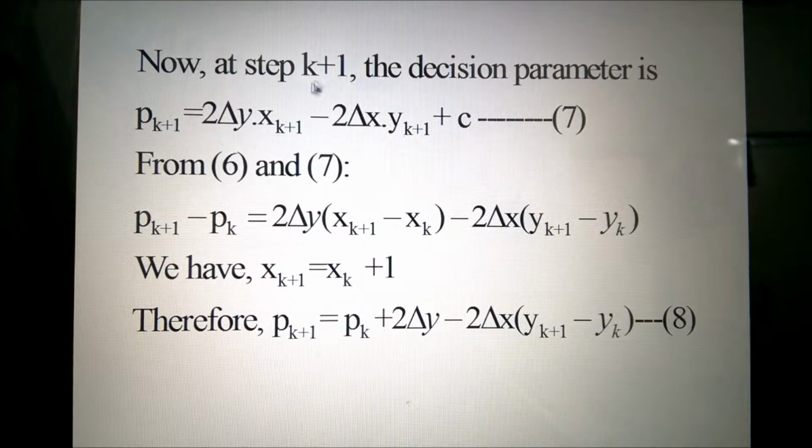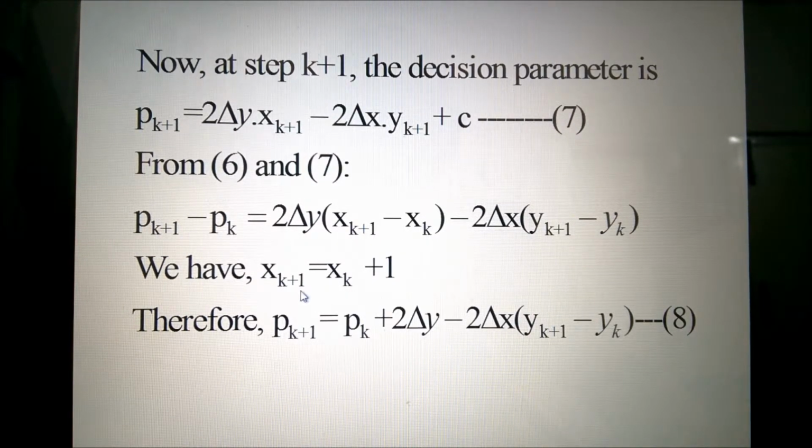Now in the earlier equation for pk, we replace k with k plus 1. That means the next decision parameter, and we got these equations, and subtracting one from another, we got these equations.